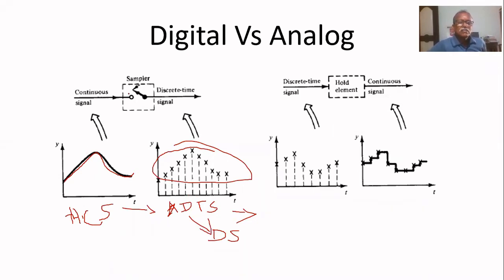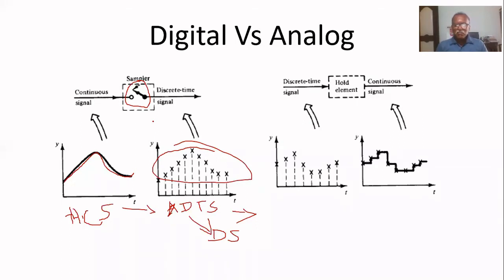How? First, this analog signal should be sampled. Why should it be sampled? To convert this into a discrete digital value, it should be sampled, because the ADC takes some time to convert, and during that time the value should not vary.